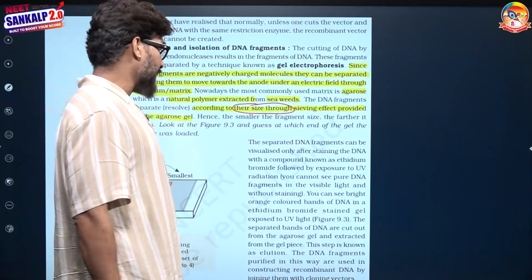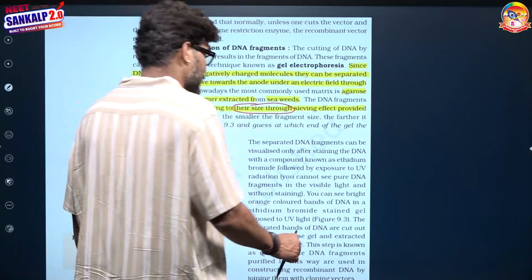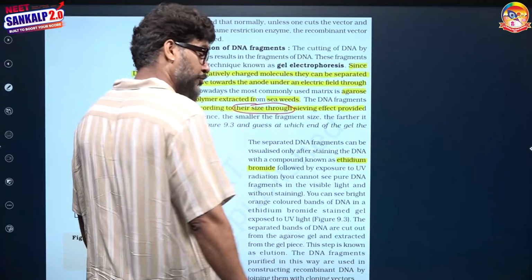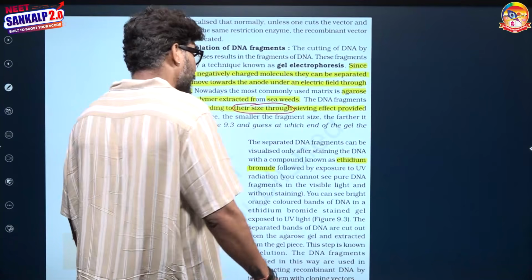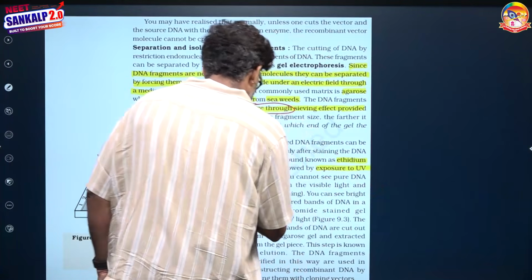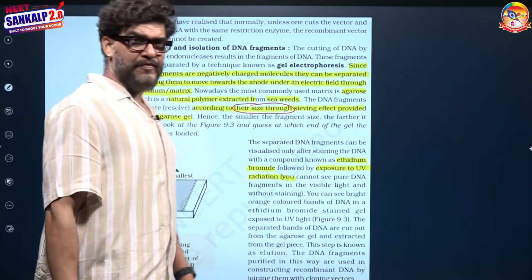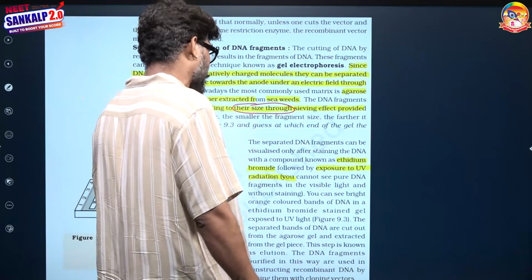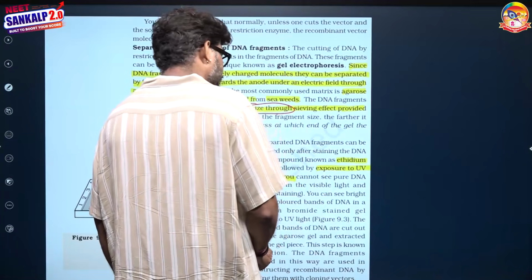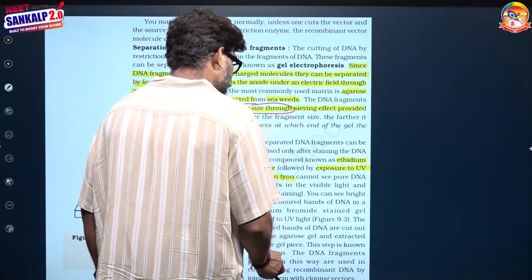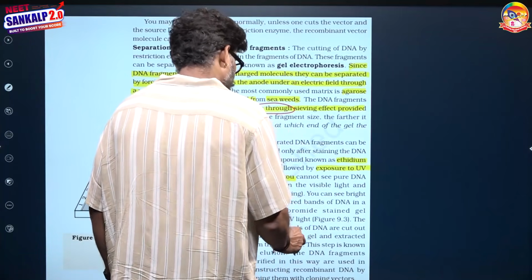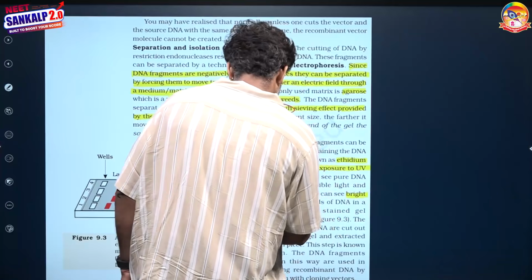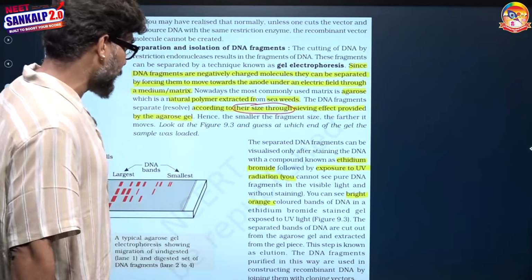The separated DNA fragments can be visualized only after staining the DNA with ethidium bromide. You have to use ethidium bromide to dye the DNA fragments, and later they should be exposed to UV radiation, because in visible light we cannot visualize the DNA. In UV light, when treated with ethidium bromide, they would appear as bright orange colored bands.